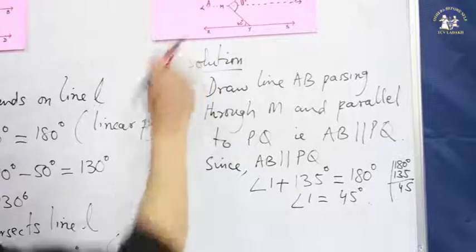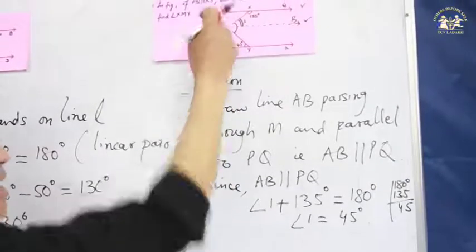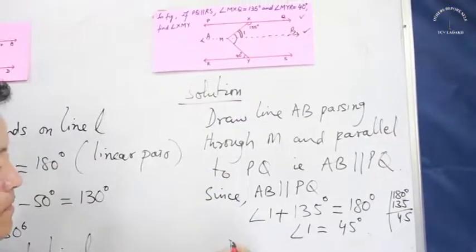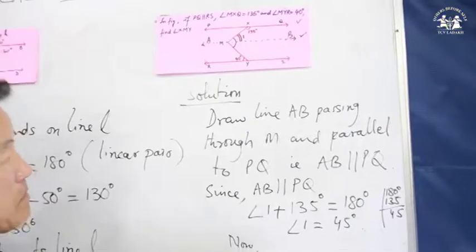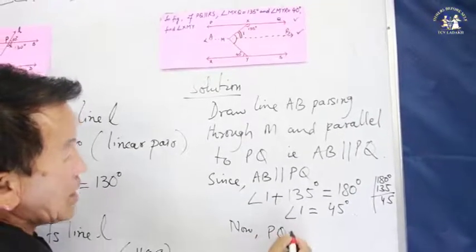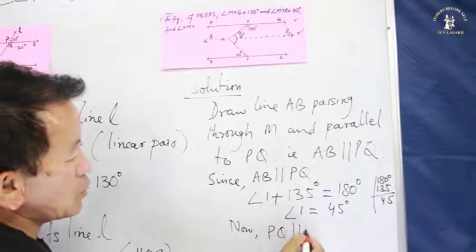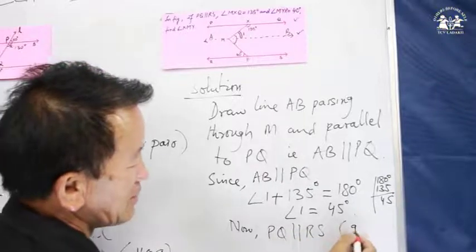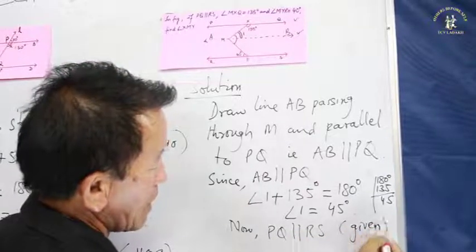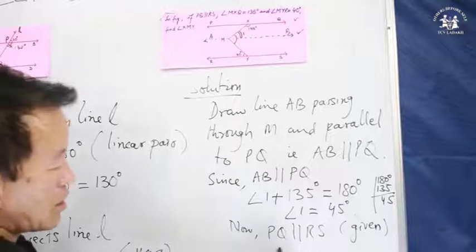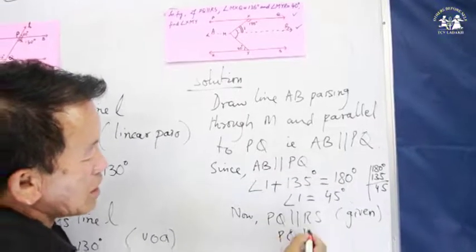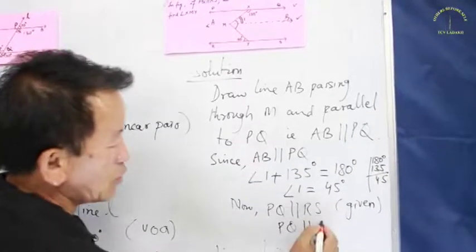Now if you look here, line PQ is parallel to RS. This is given in the question. And PQ is also parallel to AB.